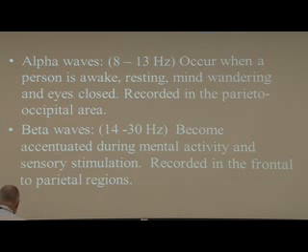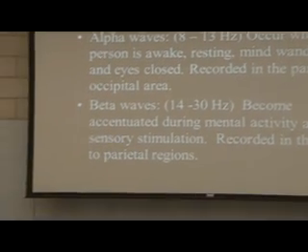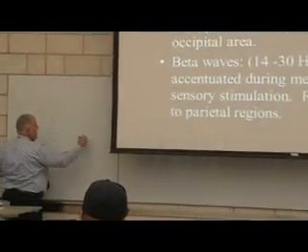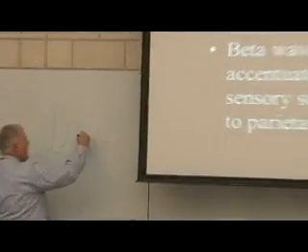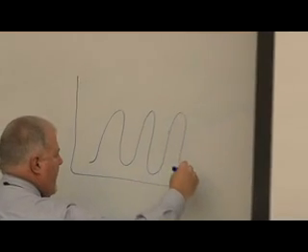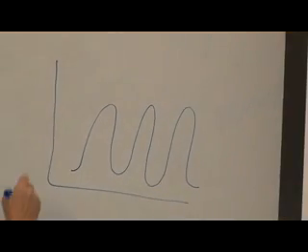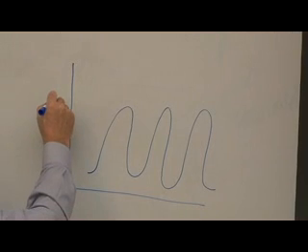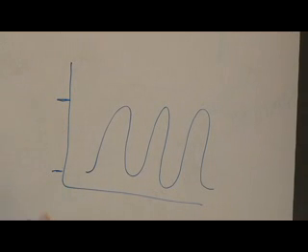And then just to quickly review the way that we interpret a wave pattern, we interpret a wave pattern two ways. Anytime you're looking at a cyclic pattern like a wave, we look at how high the wave is. So that's amplitude.